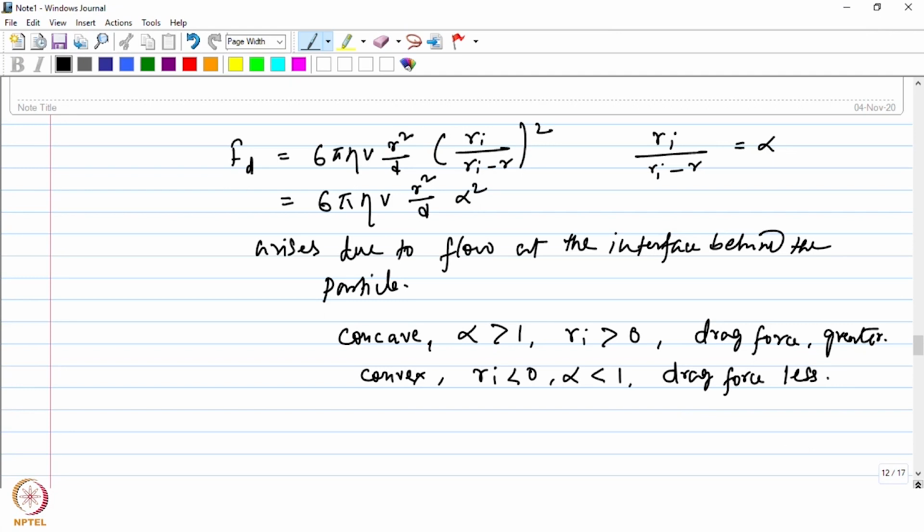Now the third one is the force due to interfacial energy, A phi, which arises mainly due to the difference between the solid particle interfacial energy and the solid liquid interfacial energies.